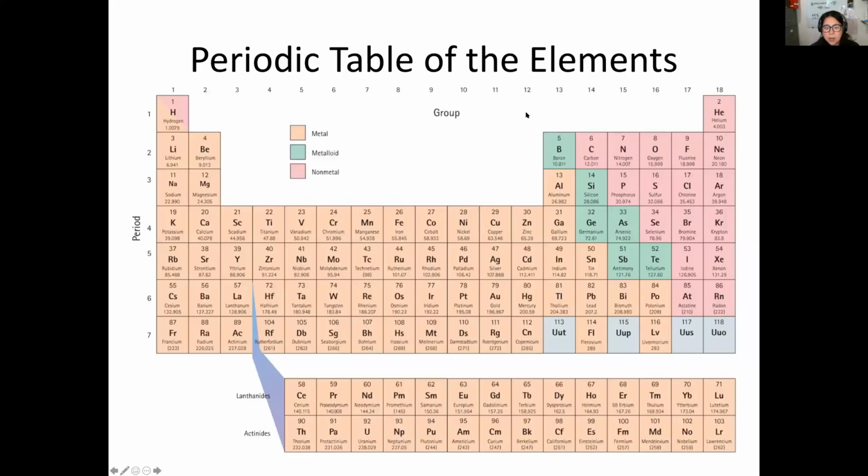So this is the periodic table, and we have hydrogen all the way up in the top left corner, and then helium, atomic number 2, in the top right corner. So from hydrogen to helium, the atomic number changes from 1 to 2.